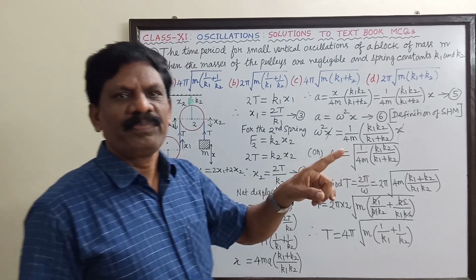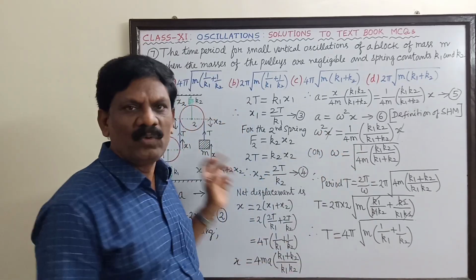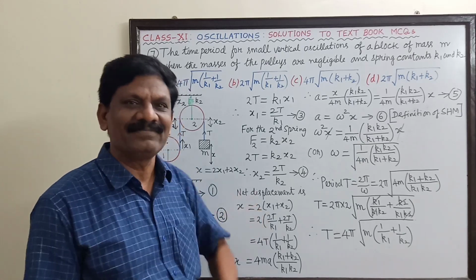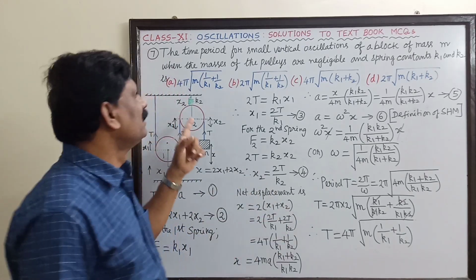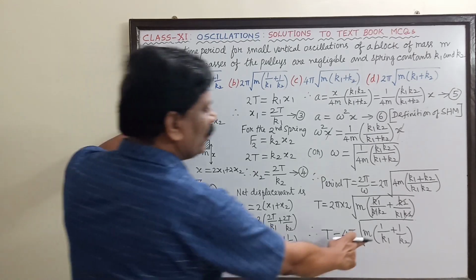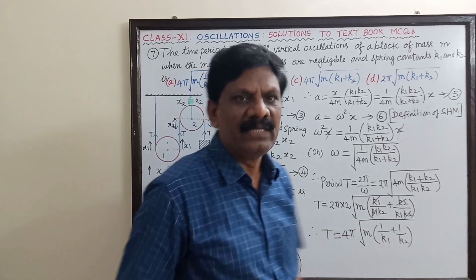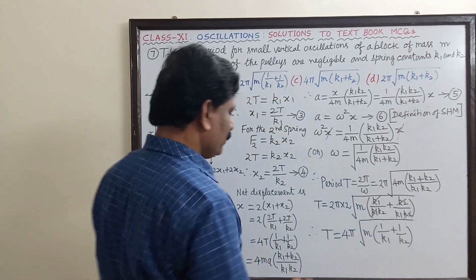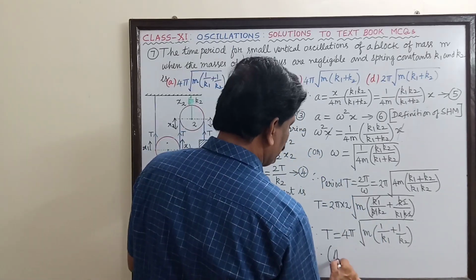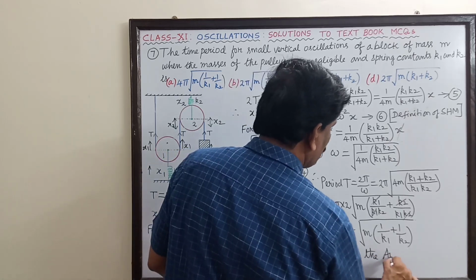This is the required expression for the time period of oscillation of this load m in this system. So which of the options will be correct? Let us see. Option A is 4 pi into square root m into 1 by k1 plus 1 by k2. So option A itself is the correct answer.